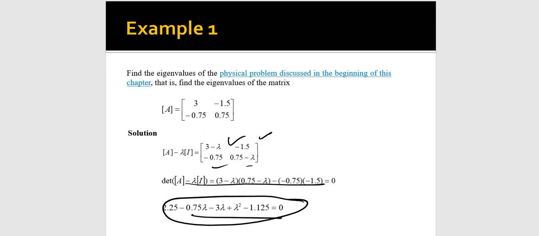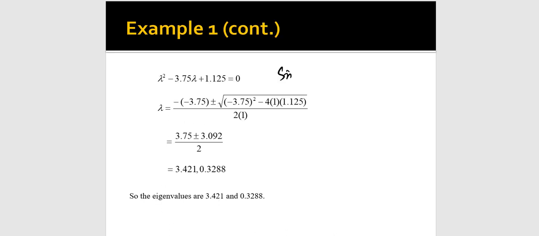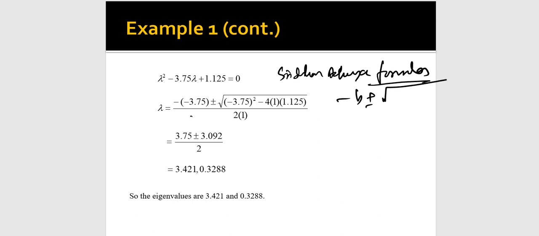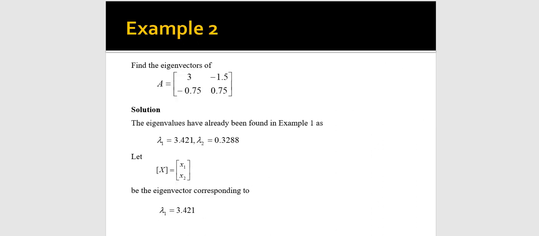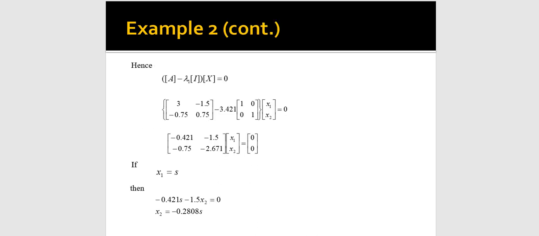Form a quadratic and solve it. Here the Sridhar Acharya formula is used: minus b plus minus the root of b square minus 4ac, by 2a. Solve it this way and you will get two values, and these are the two eigenvalues which we require. For the other matrix, again the same, 3 minus lambda, and you can solve it and find the two values from the quadratic.